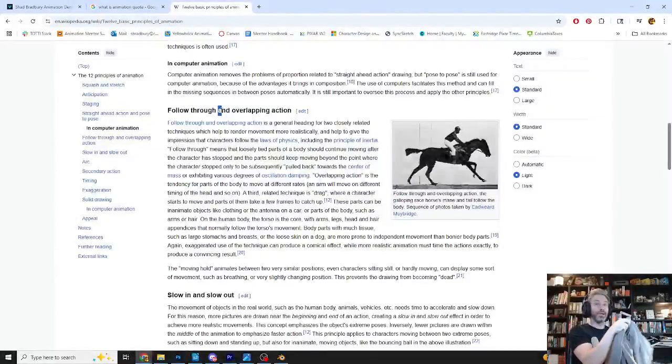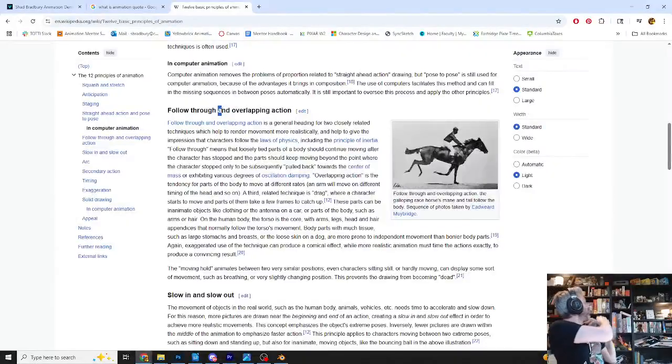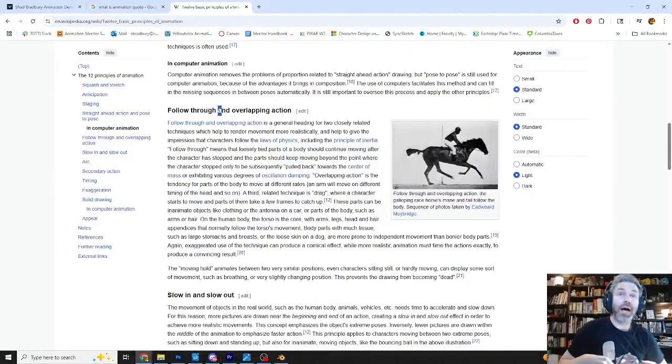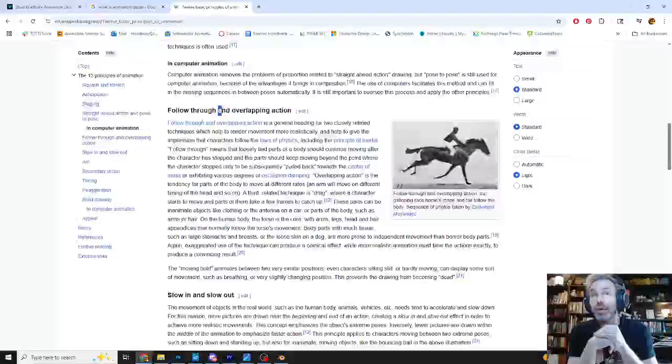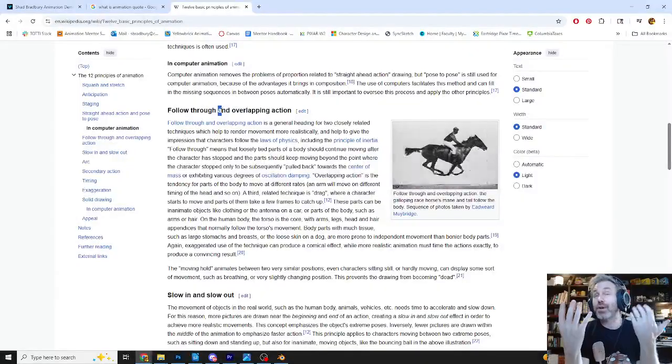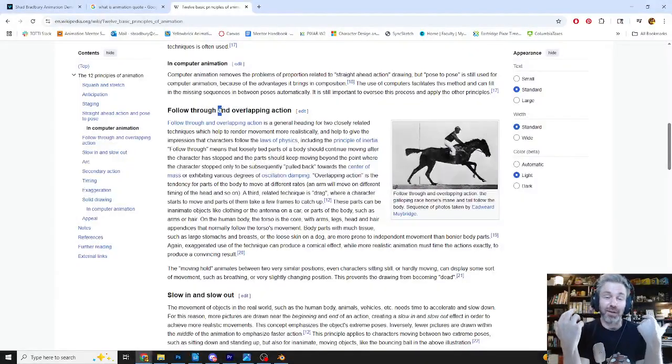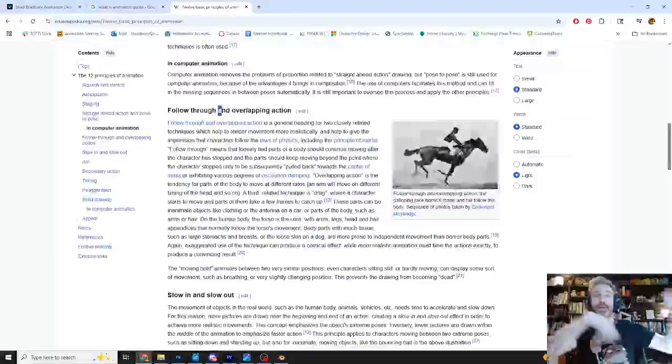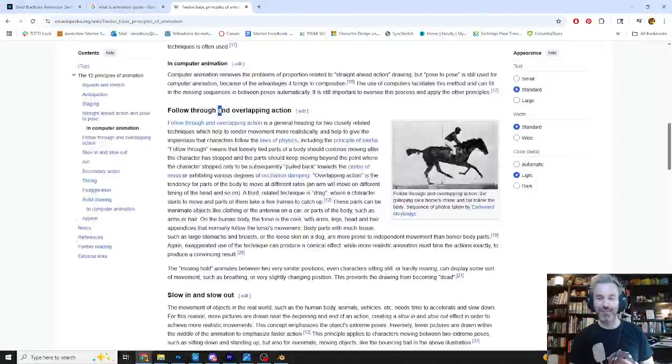It's following through and it's overlapping. It's a good way to add to the realism of your shot, and it's a really fun technique once you learn how to do it properly in 3D. If you're anything like me, when I first learned how to do it, I got really carried away and everything was overlapping, and it didn't look right, but I had fun doing it.